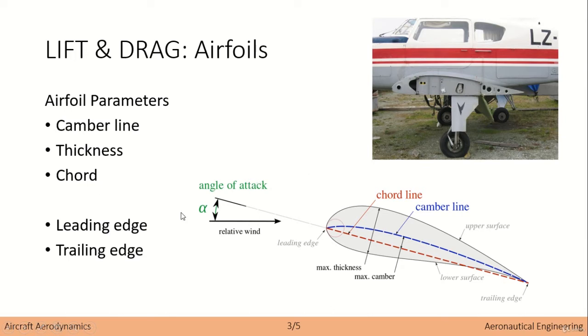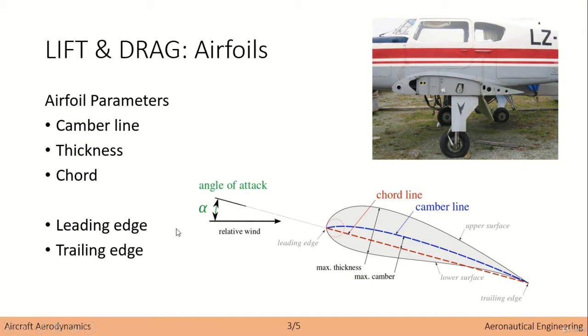Another interesting thing to note is the angle of attack. The angle of attack is the angle between the relative wind experienced by the aircraft and the chord line. So this chord line defines a specific orientation, right? And the relative wind with respect to that is just the angle of attack.